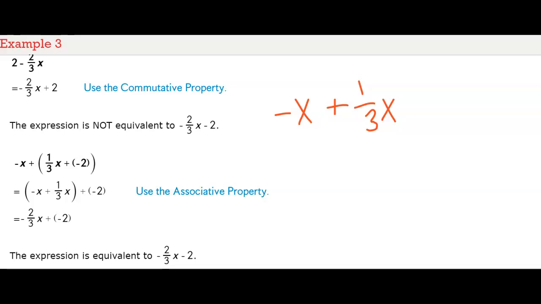So negative 1 plus 1/3, and let me show you. That'll be negative 1 over 1 as a fraction, right? Because we're adding. And you can definitely use a calculator. I'm just showing you it without it.